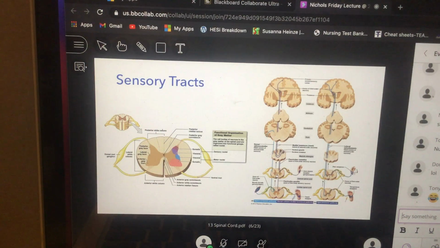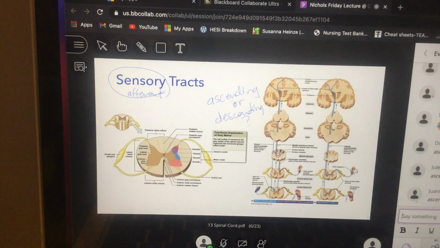It is afferent, but sensory in the spinal cord, is it ascending or descending? It's afferent, still afferent. Yeah, it's ascending.